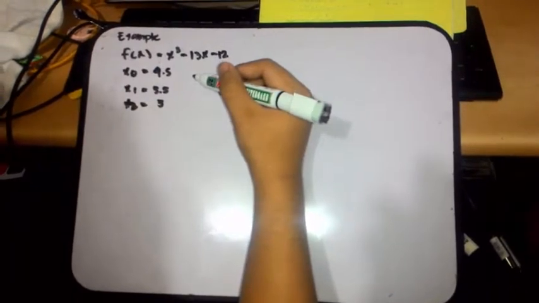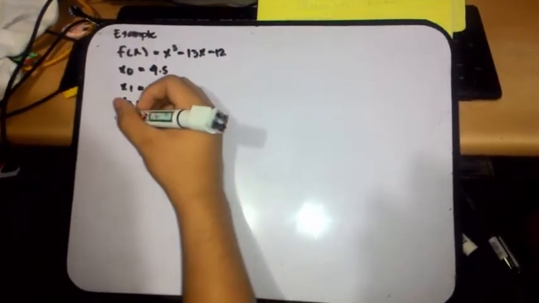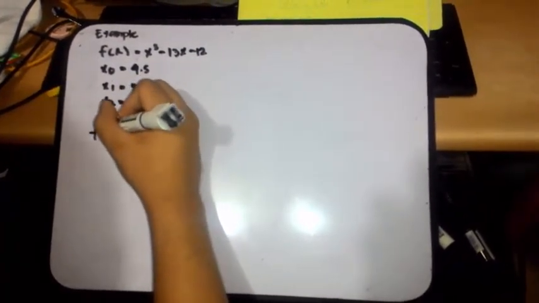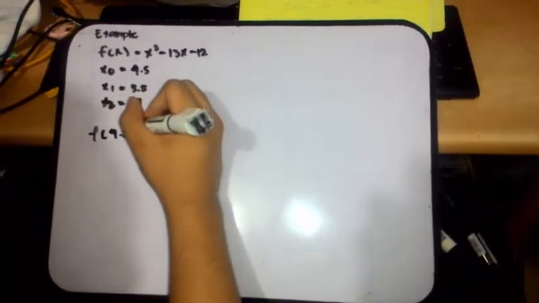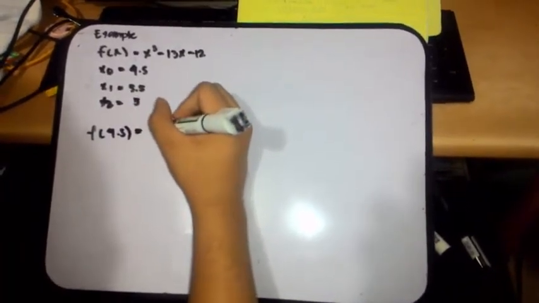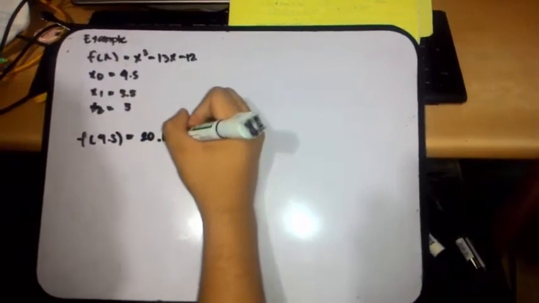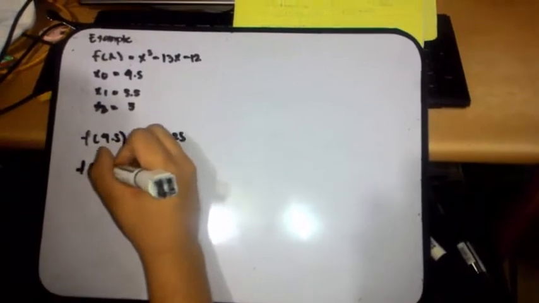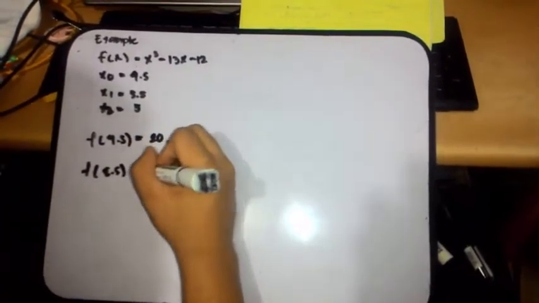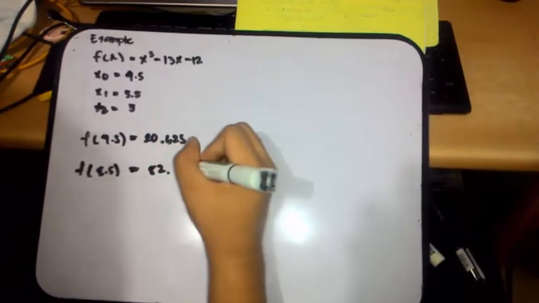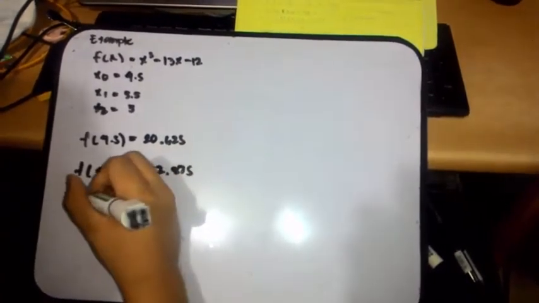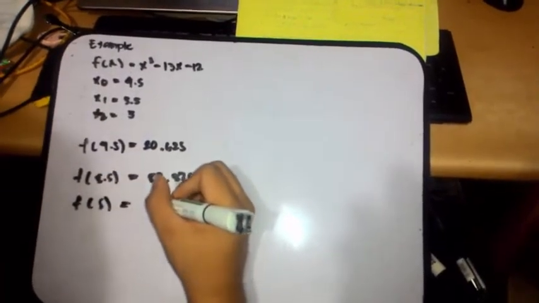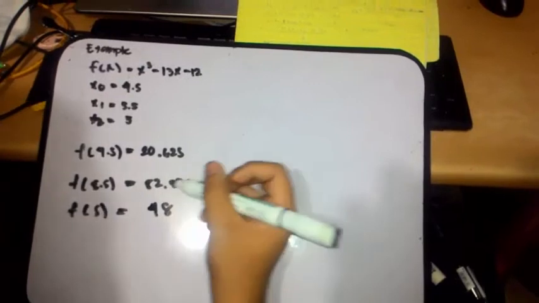First, we get the function values of the following guesses. f of 4.5 is equal to 20.625, f of 5.5 is equal to 82.875, and f of 5 is equal to 48.